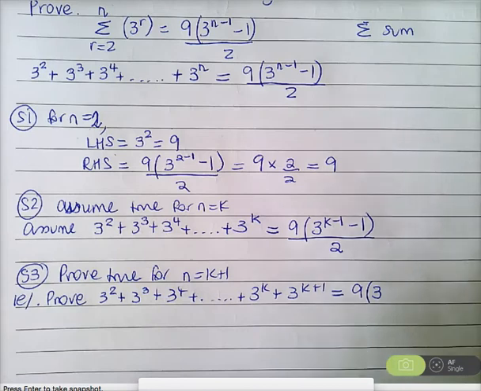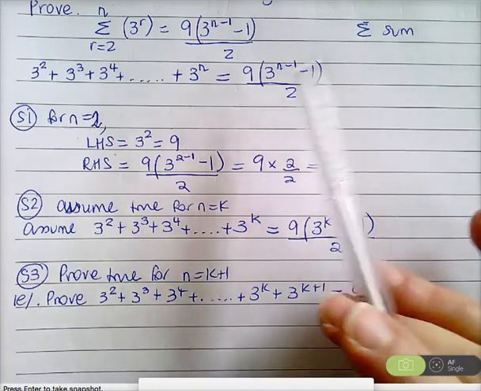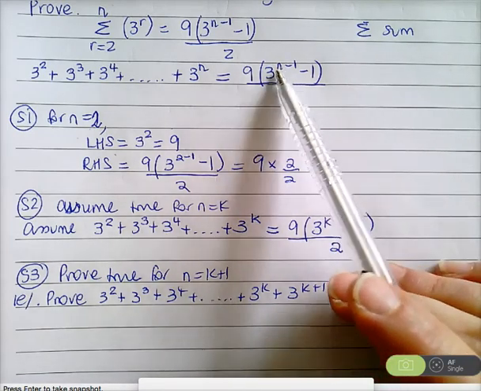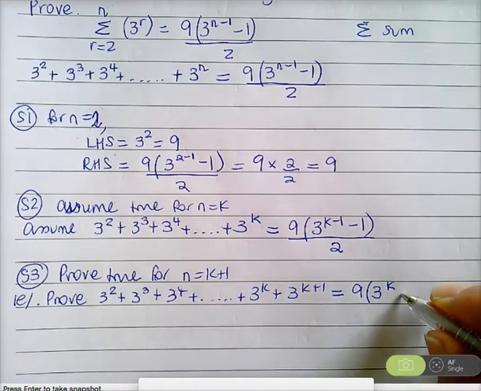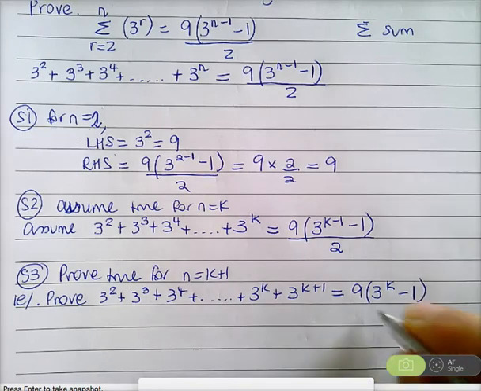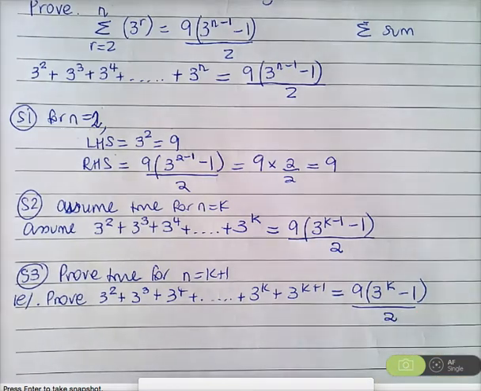Replace the n with k plus 1, but it becomes k plus 1 minus 1, which is k. I'm just going to write 3 to the k, minus 1 over 2. That's what we're trying to prove.